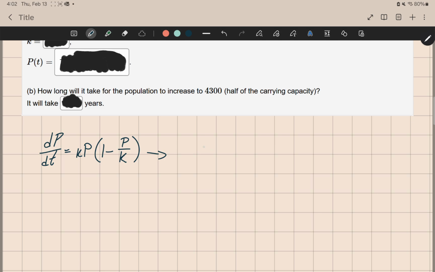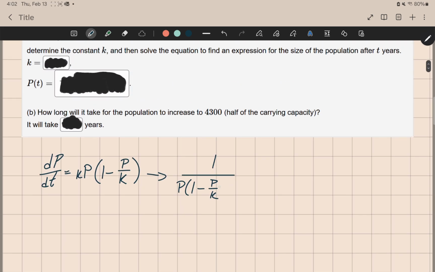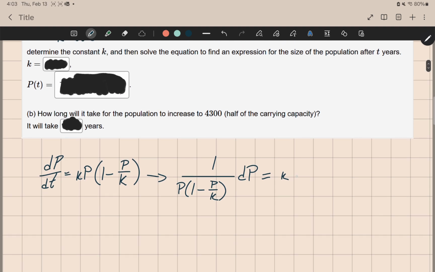And we are going to have 1 over P times 1 minus P over K dP equals k, lowercase k, that's our growth constant, dt.